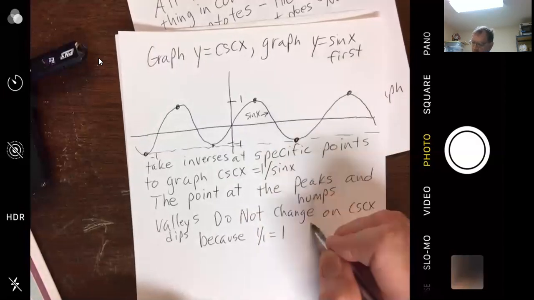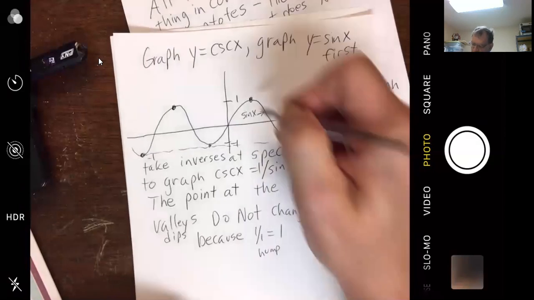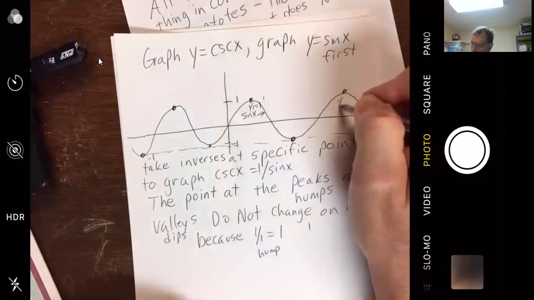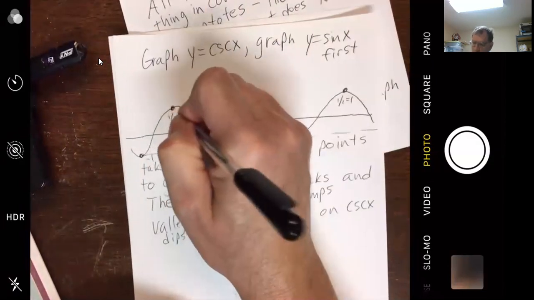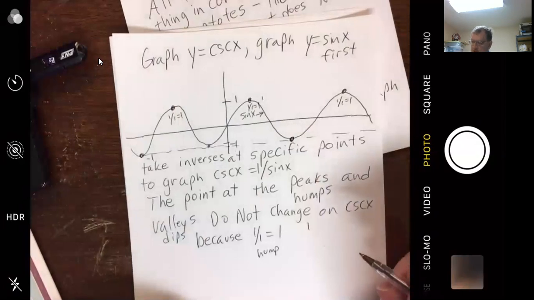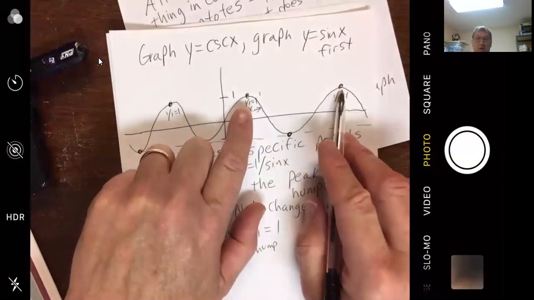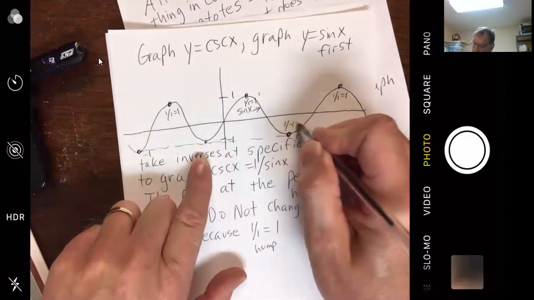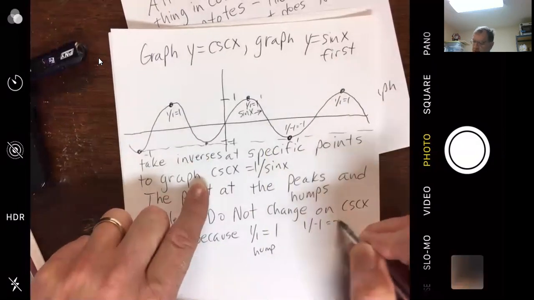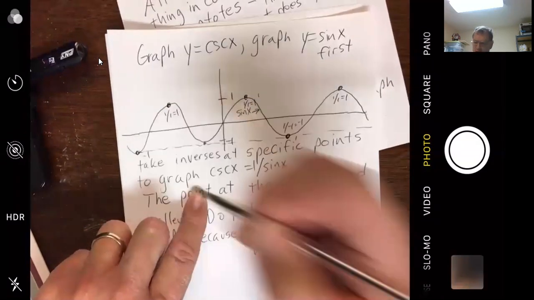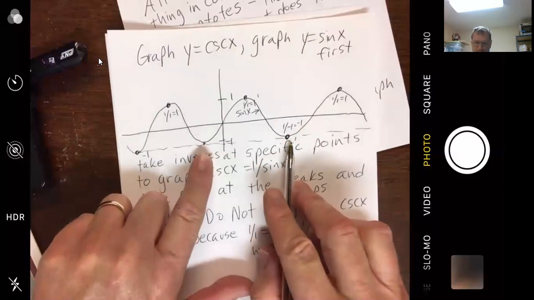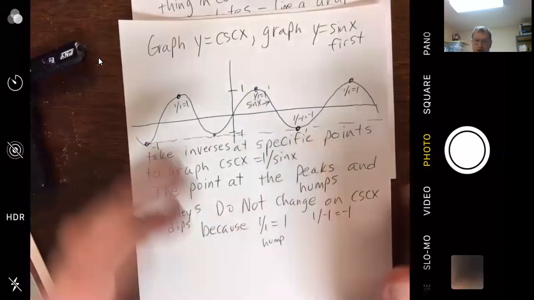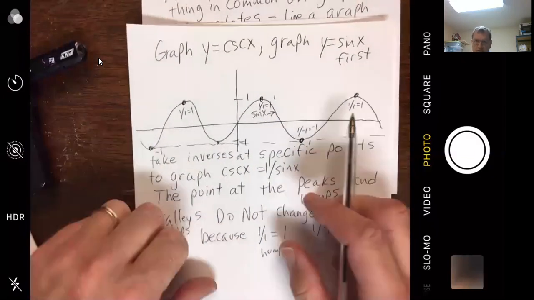You're at -1, and 1 divided by -1 is -1. So those points are simultaneously on both graphs. Inverse of 1 is 1, inverse of -1 is -1.